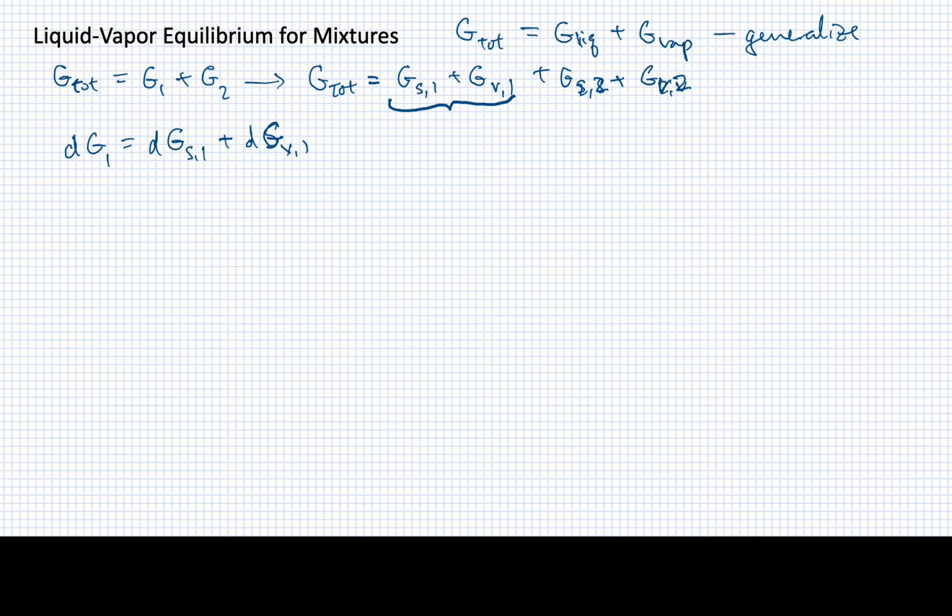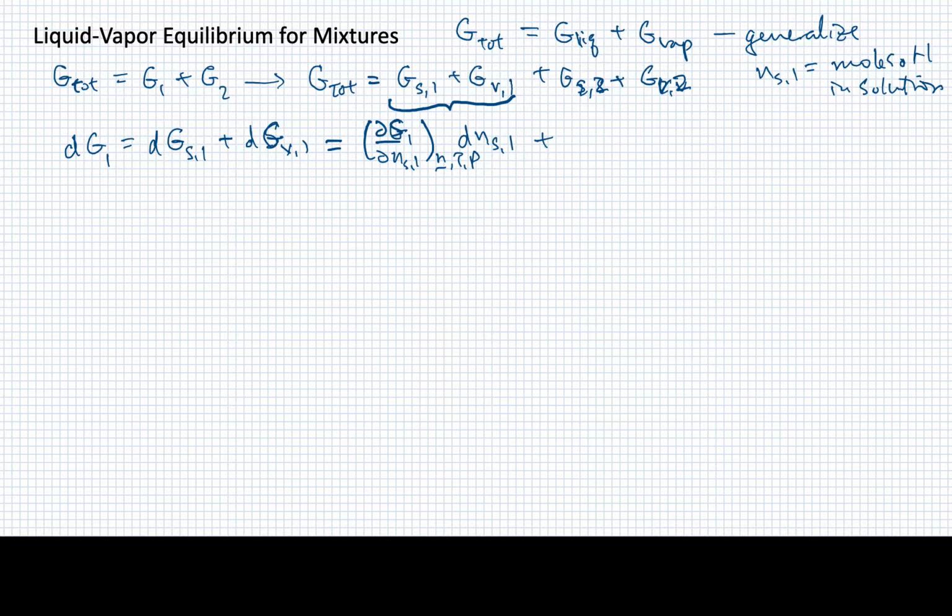And each of these I can now write correspondingly as a differential: a partial of G1 with respect to n_S1, with all of the other n's constant, as well as T and P, times dn_S1. Okay, this n_S1 is the moles of 1 in solution.